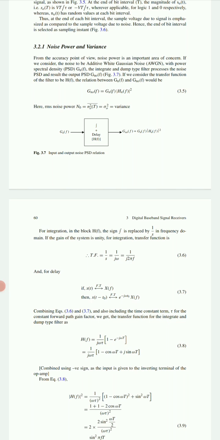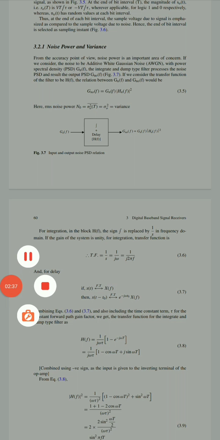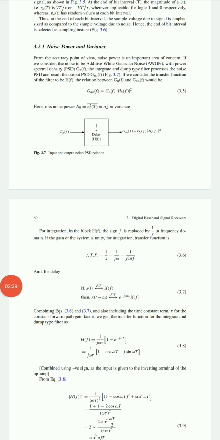For the integration in the block H of f, we can replace integration by 1 by s in the frequency domain. If we take the gain of the system as unity for the integrator, you will get the transfer function as 1 by s.